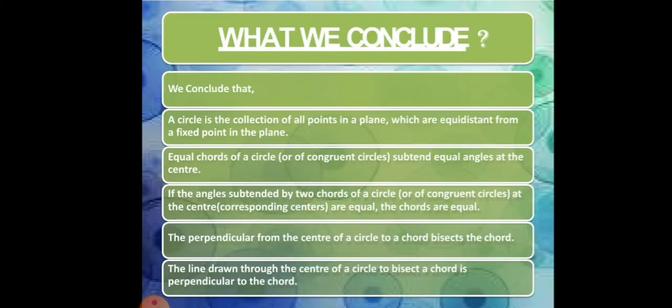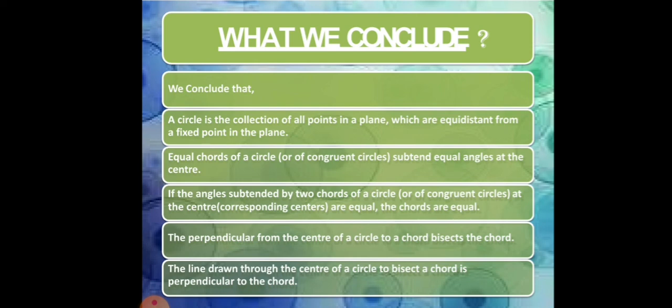So what we conclude is that a circle is a collection of all points in a plane which are equidistant from a fixed point in the plane. Equal chords of the circle subtend equal angles at the center. If the angles subtended by two chords of the circle at the center are equal, then the chords are equal.